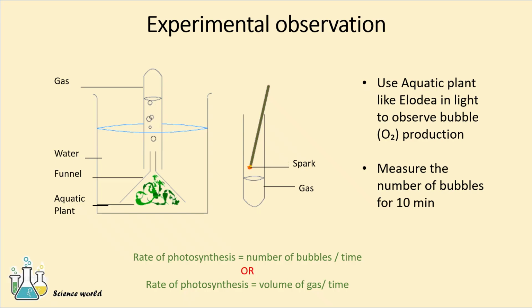Then the rate of photosynthesis can be calculated as the number of bubbles per unit time or the volume of gas produced per unit time. And also the gas produced by the photosynthesis process can be identified by relighting a glowing splint, as you can see in this video.